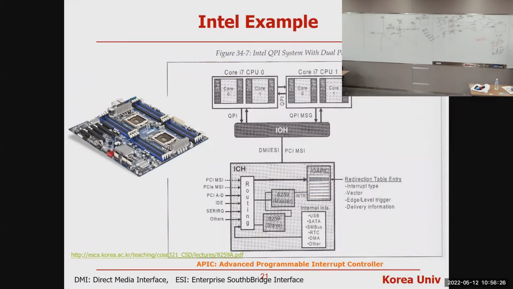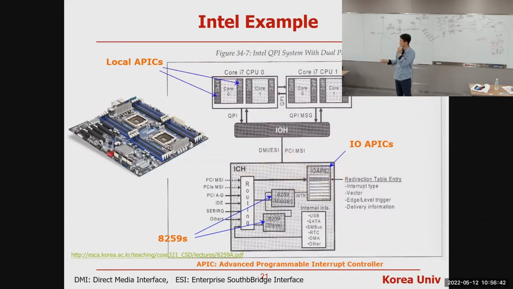And you have not only that 8259, but inside the chip you have another interrupt controller called the I/O advanced peripheral interrupt controller. Not only that, you have two more interrupt controllers inside the processor, the local APIC.